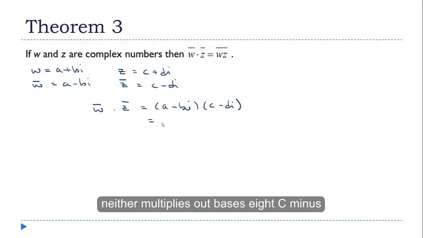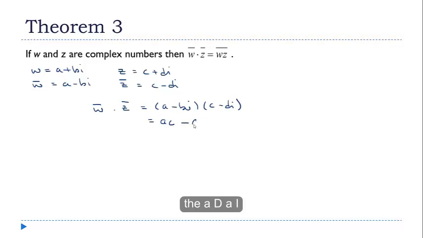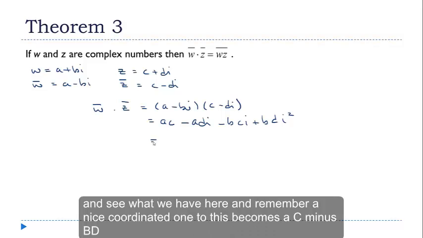Now I'm going to multiply this out. This is AC minus ADI minus BCI plus BDI squared. Okay, now let's see what we have here.